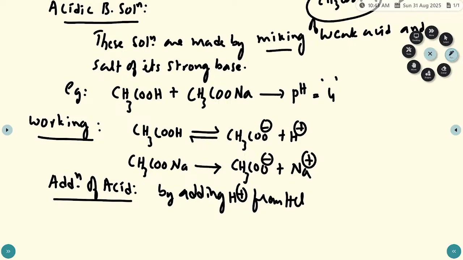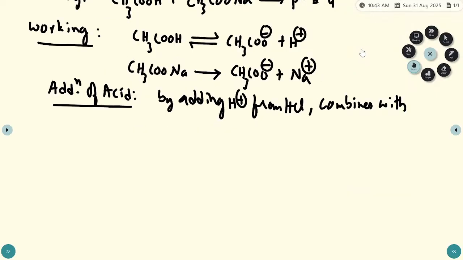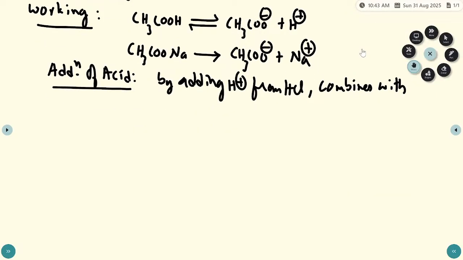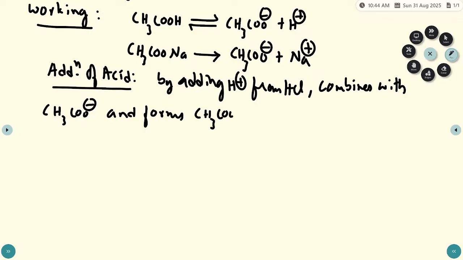See, by adding H plus ions from HCl, they combine with CH3COO minus and form CH3COOH.